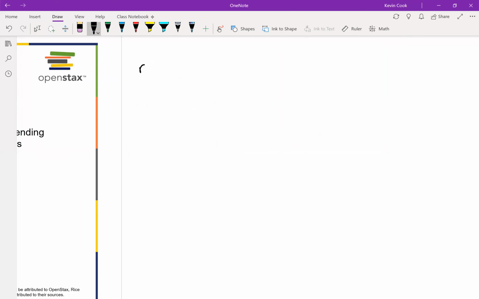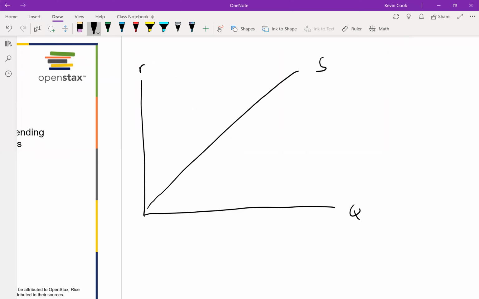If we look at our money market, we have an interest rate and a quantity of loanable funds. Then we have a supply that looks something like that, and an initial demand curve that goes down something like this. We'll think of this more as our private demand.